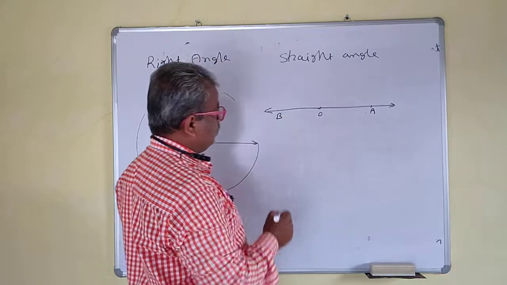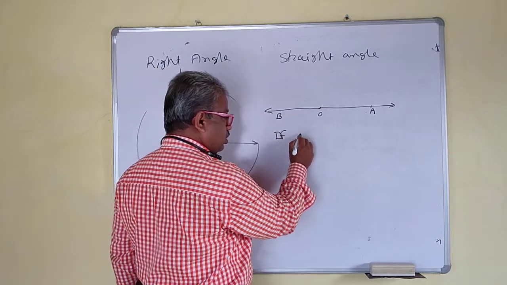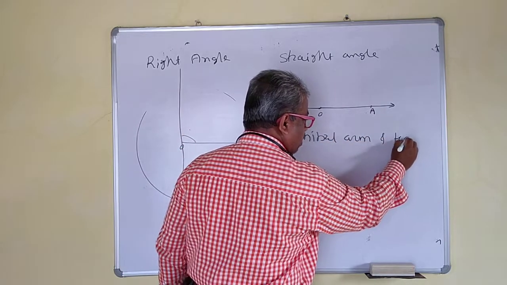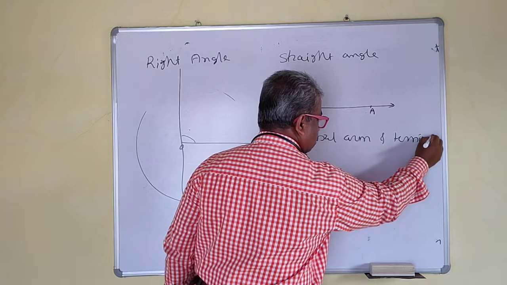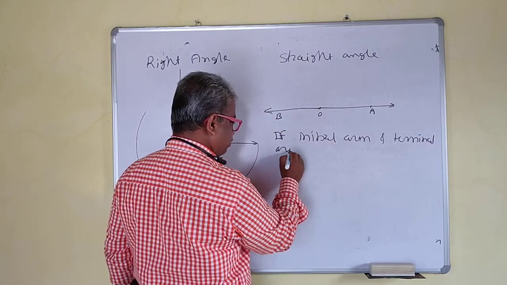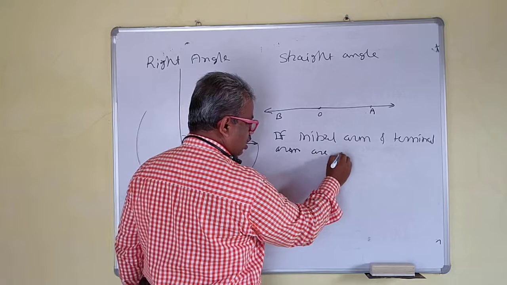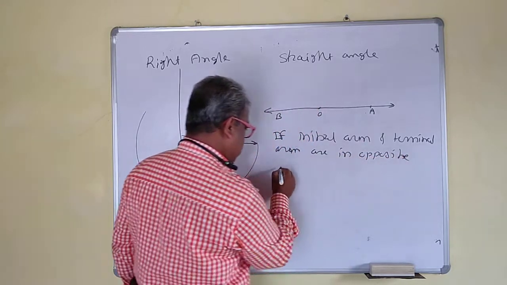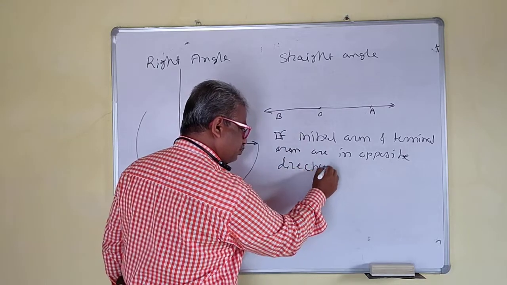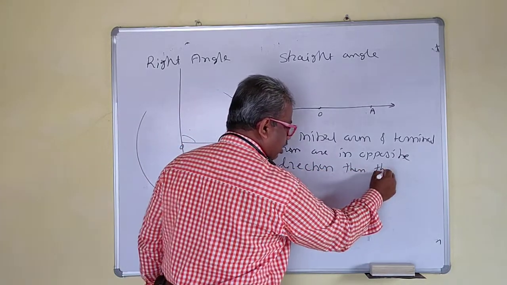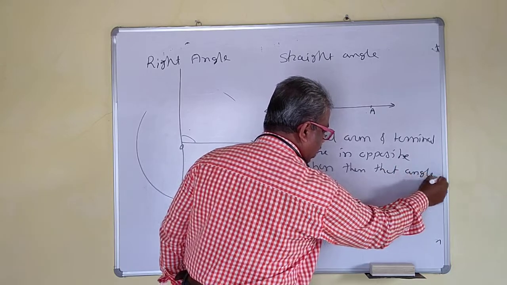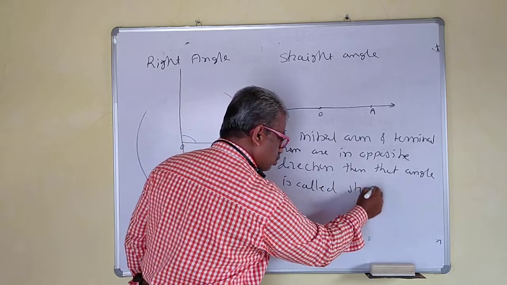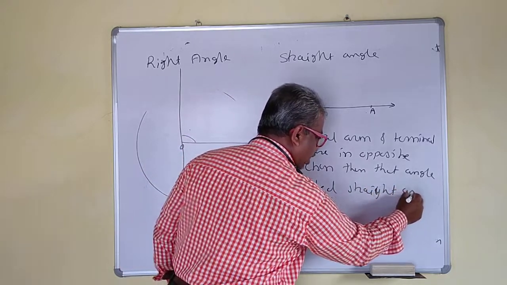So if initial arm and terminal arm are in opposite direction, then that angle is called straight angle.